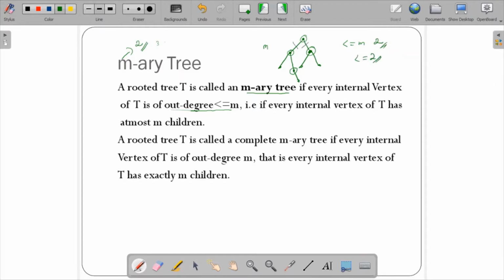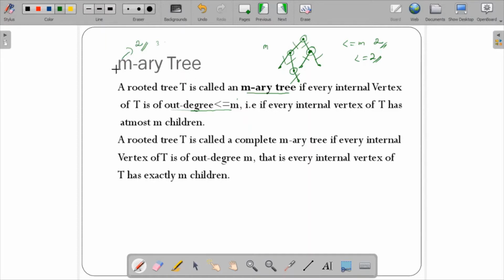Here the out-degree is 2, here it is 1, here 1, here 2, and here 1. So it is less than or equal to 2. That is, every internal vertex of T has at most m children. So this is the concept of an m-ary tree.